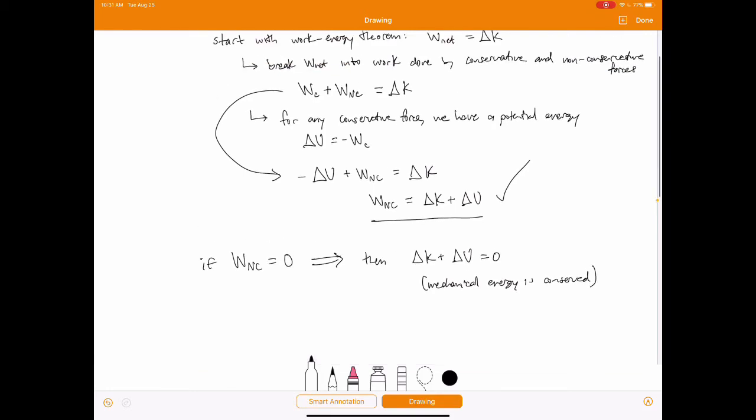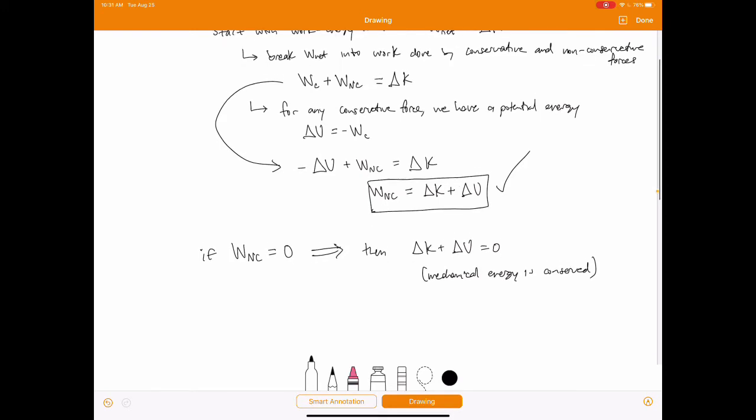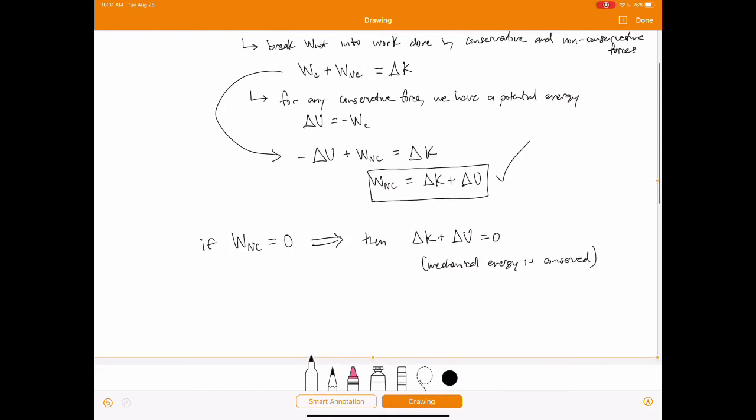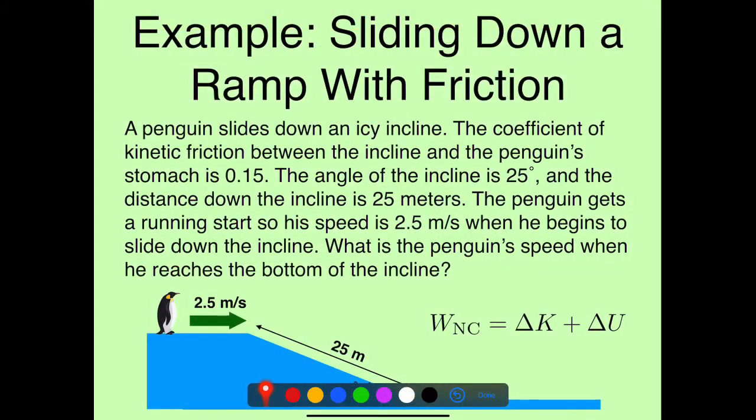Okay? So the point is, in general, mechanical energy won't be conserved because you could have things like friction or air resistance changing the mechanical energy. But if those things are not part of your system, if we don't have non-conservative forces doing work, then mechanical energy is conserved.